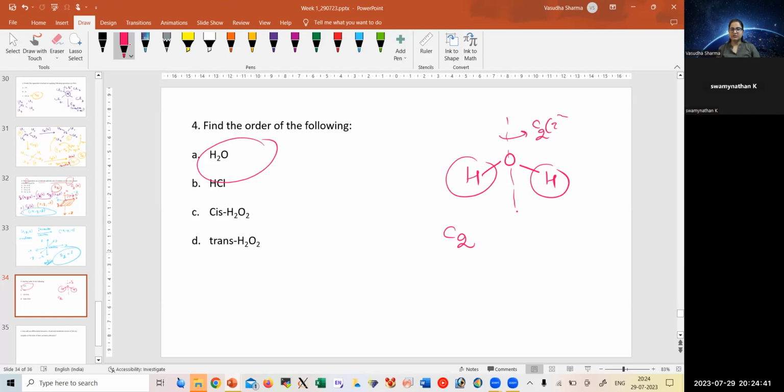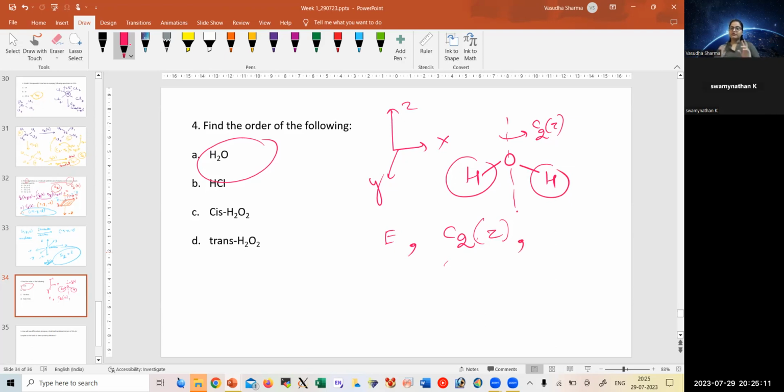If I take it as Z, X, and Y, this is going along my oxygen, and H and H are changing their position. So C2 along the Z axis is there. Other than this proper axis, the identity operator would always be there. Is it true? At 360 you will get identical. So the identity operator would always be there.